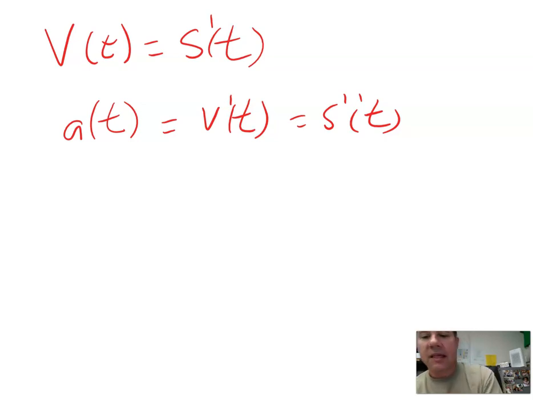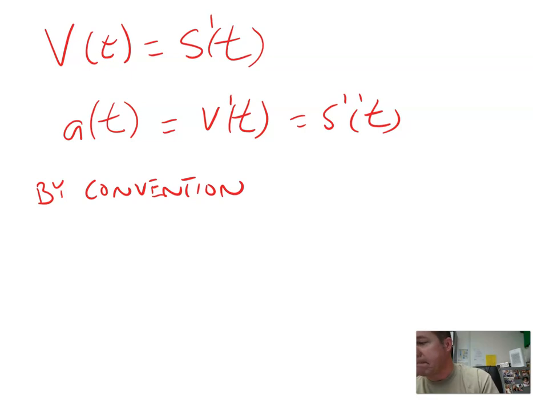All right. Then, also, by the way, we're setting movement up by convention. If my velocity is greater than 0, if the velocity is positive, velocity is like an amount, but it also indicates a direction.